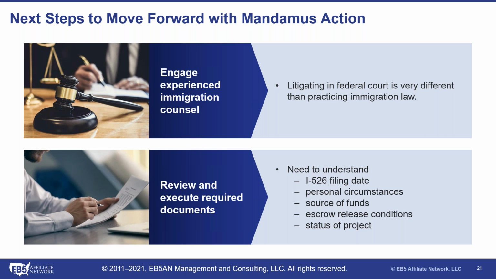Sure. So Rohit is correct that we are starting to get more involved in these as well. And based on our research, it does appear that those who have filed 765 and 131 are in a slightly better position to seek mandamus relief. I mean, there are some cases dealing with the 485s. Those seem to be, to the extent they've been litigated, not going as well, but I think there still aren't enough of them to draw any conclusion.